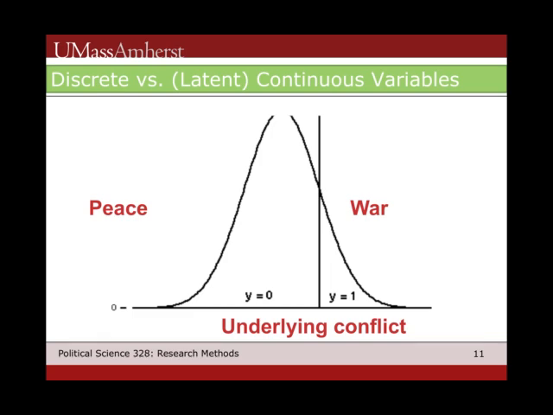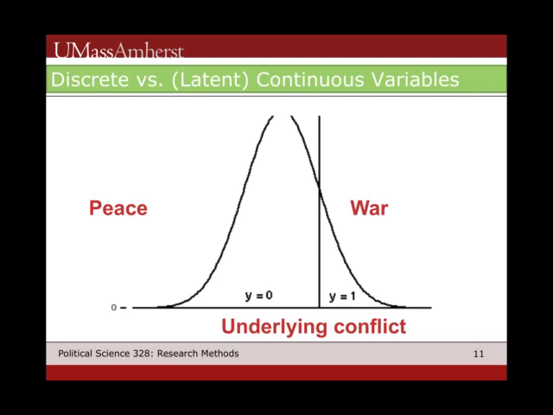And what we're trying to do when we impose a category is sort of cut that into, yes, we're going to call it peace, or no, we're going to call it war. But again, there's some underlying dimension called conflict or warness or peaceness, right? That is what we're really measuring. And we're just seeing an empirical instantiation in which we're putting a threshold and we're saying everything below this threshold we're going to call peace and everything above it we're going to call war. But we can make some assumptions about that.